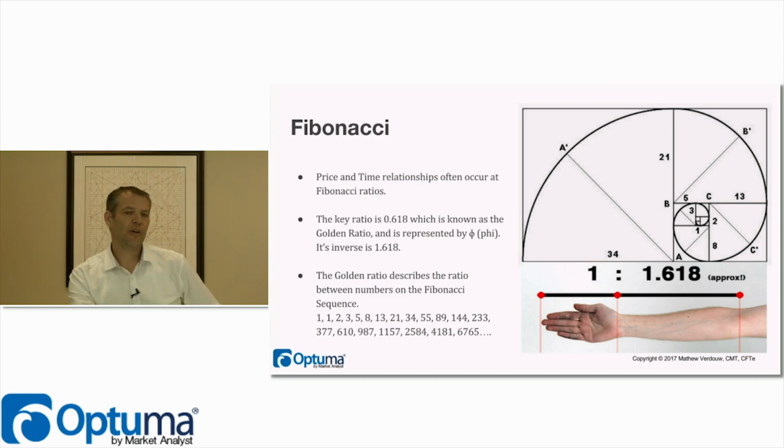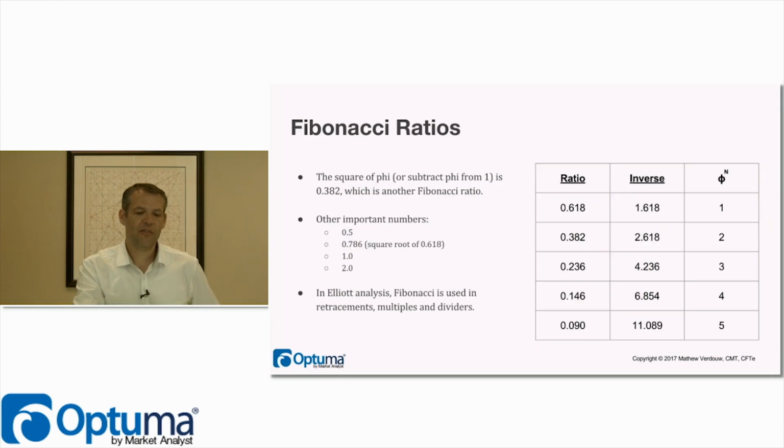Out of that ratio came the Fibonacci sequence, which you see a little bit of there. Now Fibonacci is used a lot in these waves for identifying where possible targets can be and for verifying that the Elliott structure is correct.